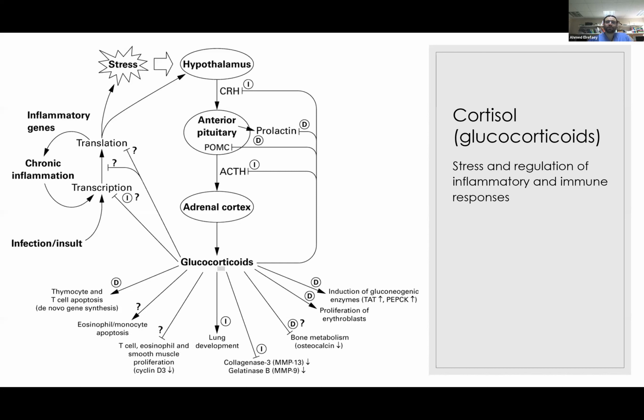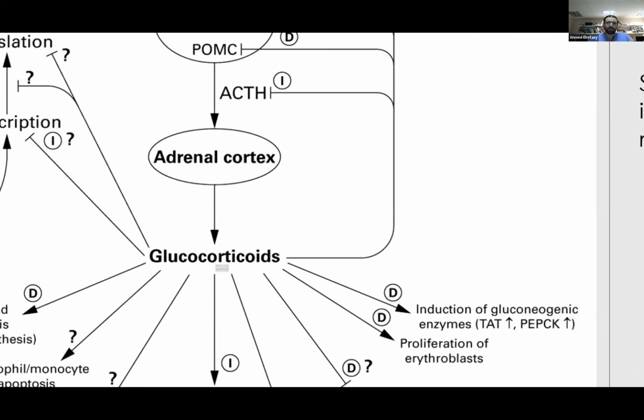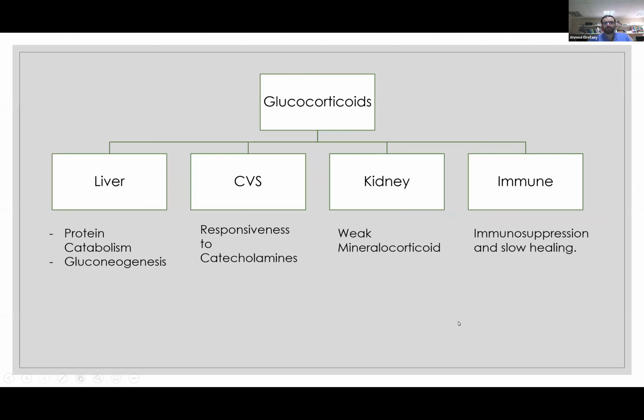And if we talk about cortisol, which is a glucocorticoid, it has several functions. After being stimulated by the pituitary gland, the adrenal cortex secretes cortisol, and it goes to the liver, affecting protein catabolism and doing some gluconeogenesis. The cardiovascular system is very important for responsiveness to catecholamines.